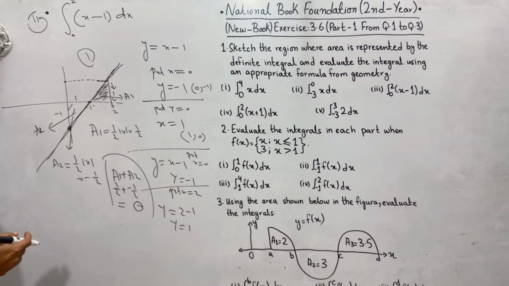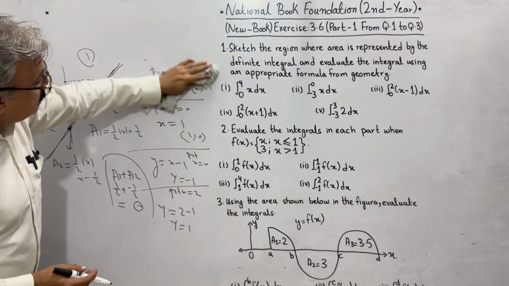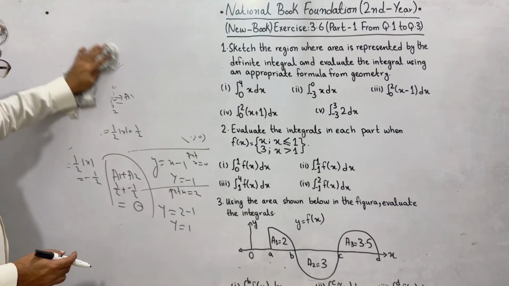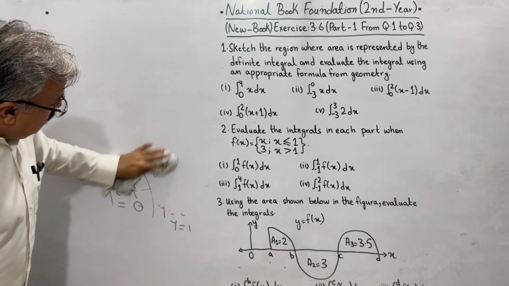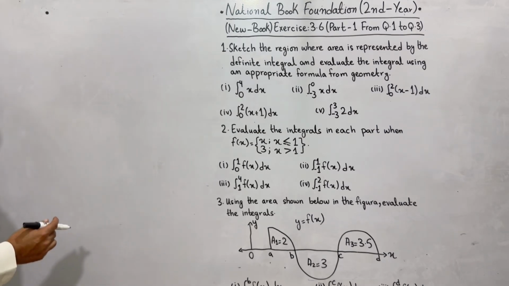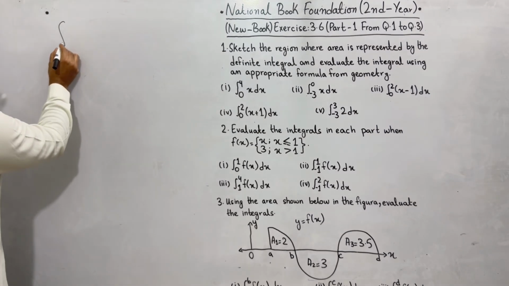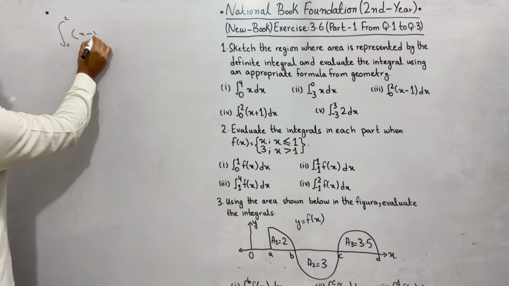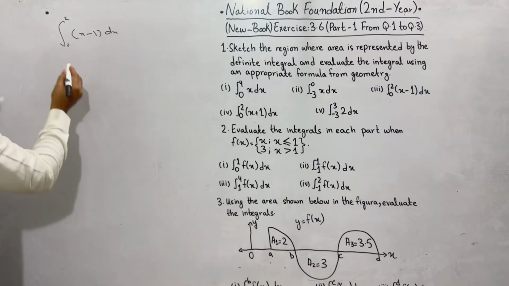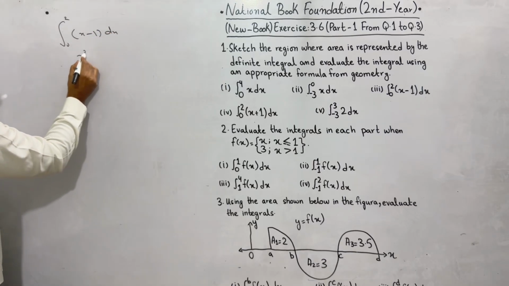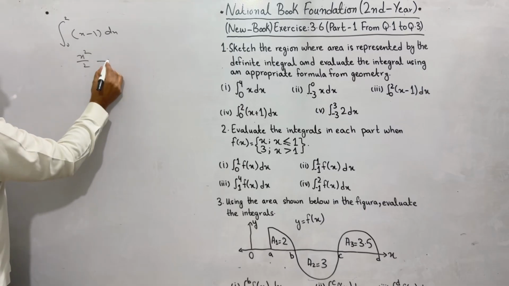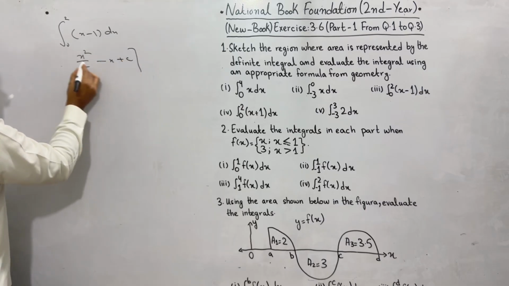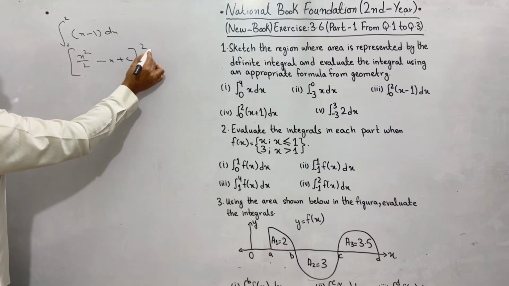Okay, cool. Moving towards question number 4. Let me give you the integral concept. Same question, integral from 0 to 2 of x minus 1 dx. It's simple integration. Integration of x is x square over 2, integration of 1 is x. Introduce constant c and limits 0 to 2.